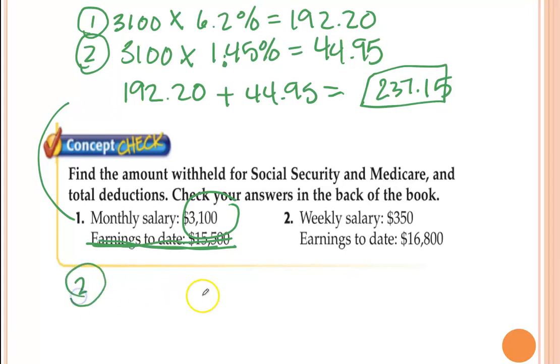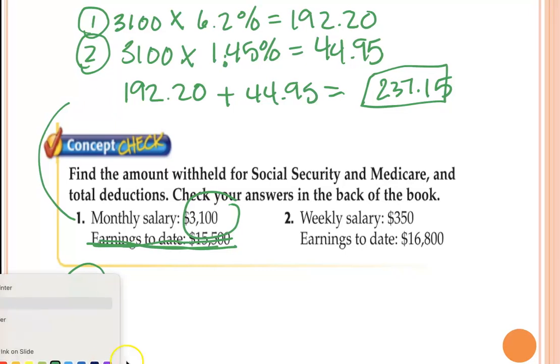What I would do, pause the video, work number 2. That way you can practice and see if you're doing it right. Okay, so again, number 2, you don't need this number because that's their earnings to date. That's only if they make over 97,500.